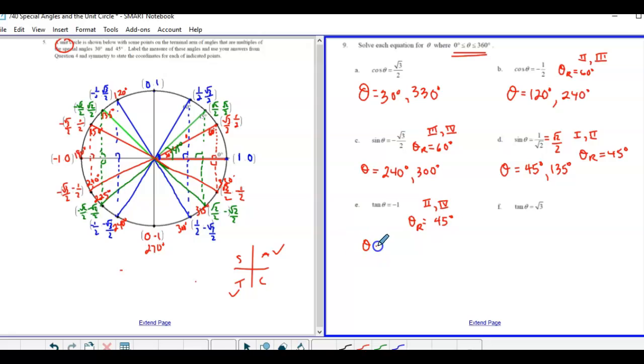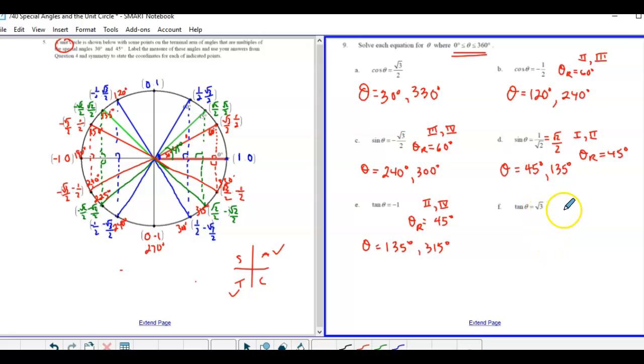So now if we're looking in the second quadrant with a reference of 45, that's going to be 135. In the fourth quadrant with a reference of 45, that's going to be 315. And now go and check. So your green there, if you divide the y by the x, you get -1. Here, dividing by the x, you get -1.